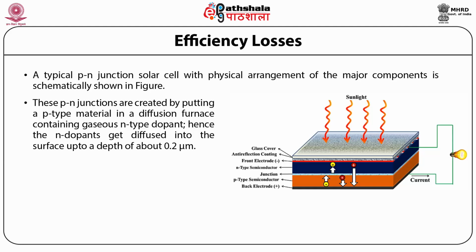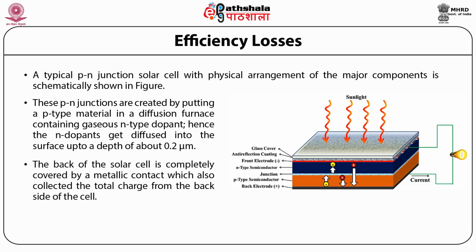Therefore, these junctions are created near the surface, where the electrons and the holes created due to the absorption of sunlight move towards the front and the back of the cell.